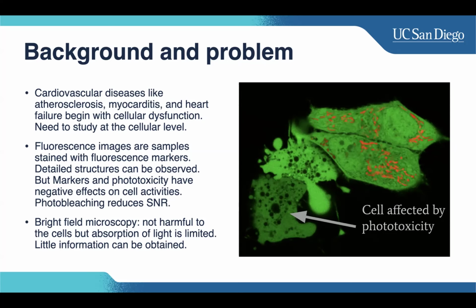Also, we have bright field microscopy images. Bright field microscopy doesn't have these kinds of issues, but the absorption of light is limited, so we cannot clearly see the structures of the cells. So limited information can be obtained.